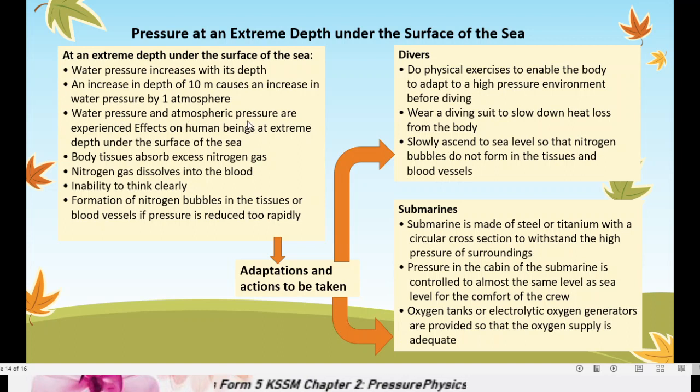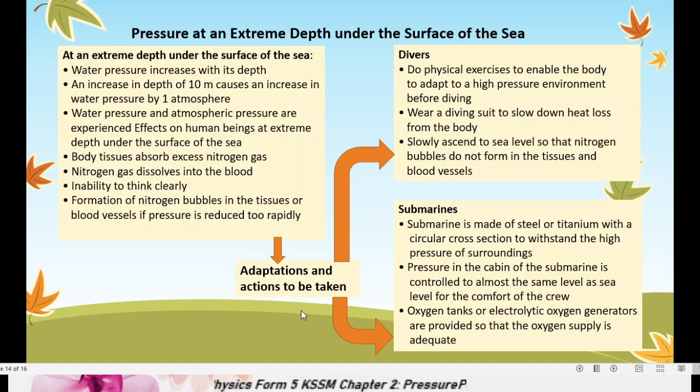Water pressure and atmospheric pressure have effects on human beings at extreme depth under the surface of the sea. Body tissues absorb excess nitrogen gas. Nitrogen gas dissolves into the blood. Inability to think clearly. Formation of nitrogen bubbles in the tissues or blood vessels if pressure is reduced too rapidly.